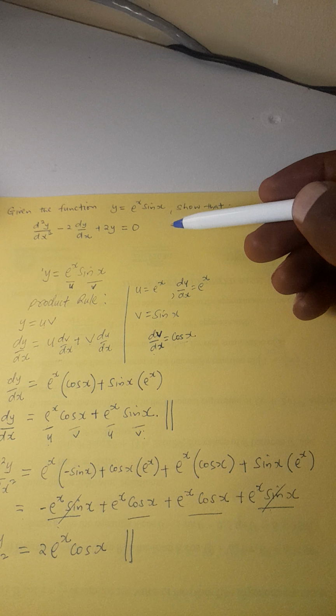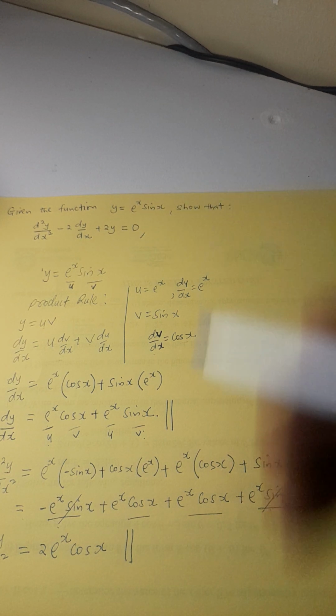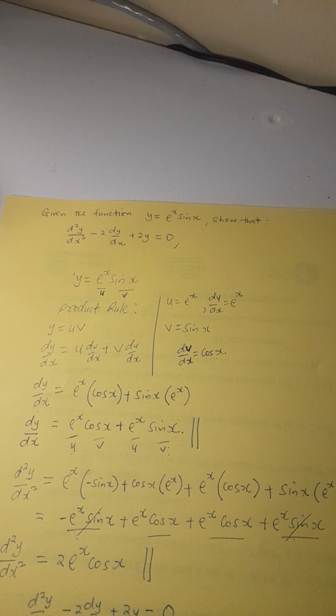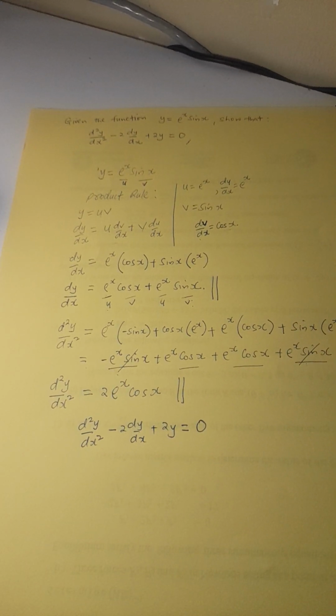Now let's go back to what we were supposed to prove, this part. We are told to prove that when you add the second derivative minus 2 times the first derivative plus 2y, we are supposed to get a 0. So let's try and prove that part.